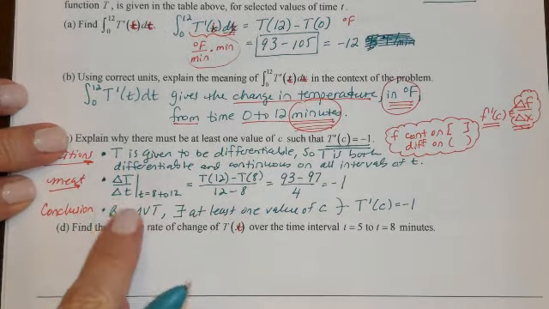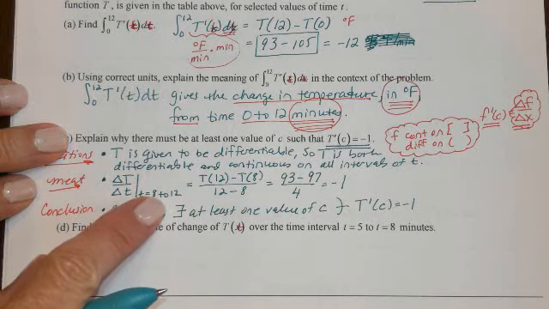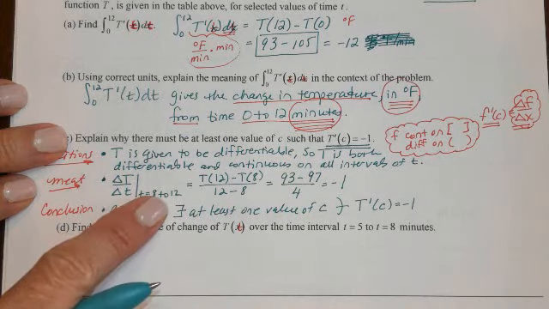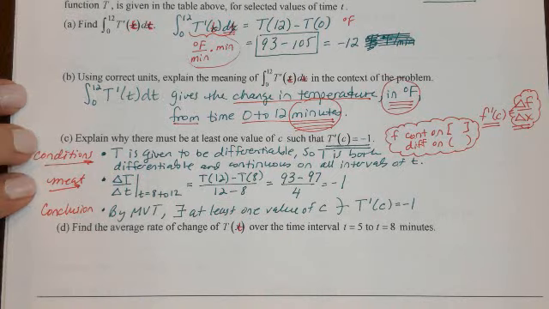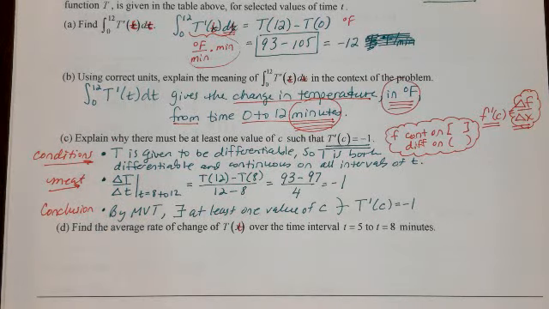And recall that you don't have to say by MVT. You could just say so. Or you could really just write that. That's fine too. You're using MVT even if you don't name it MVT.